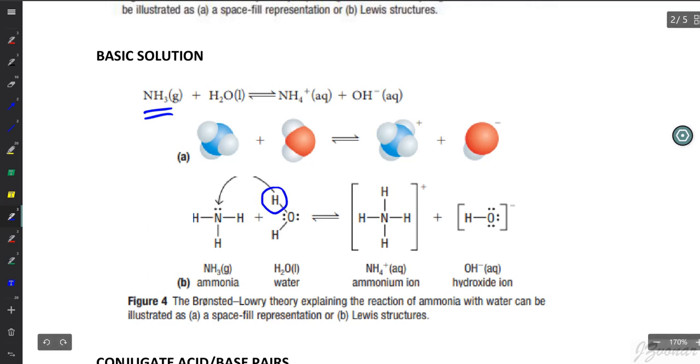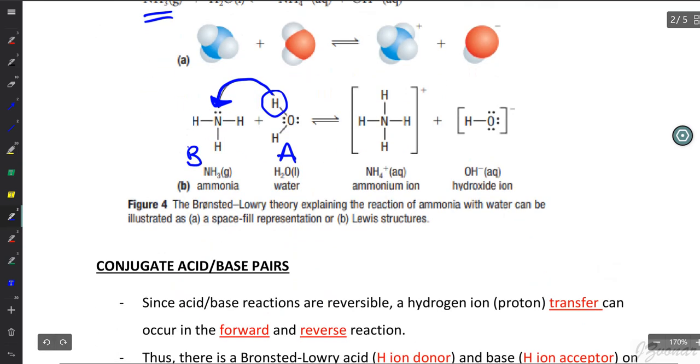One of the hydrogens from water is donated to the ammonia molecule, making water the acid, and ammonia, because it's accepting the proton, the base. It forms ammonium ion and hydroxide ion. This helps to explain why ammonia with water can be an acid-base reaction.